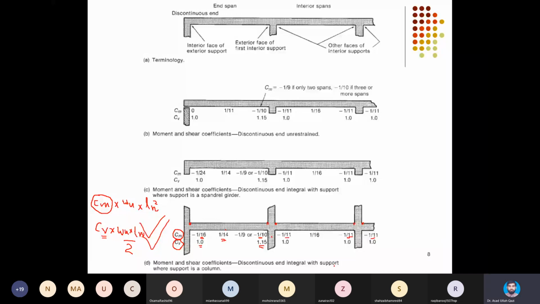However, positive moment for all interior spans will be based on coefficient 1 over 16.